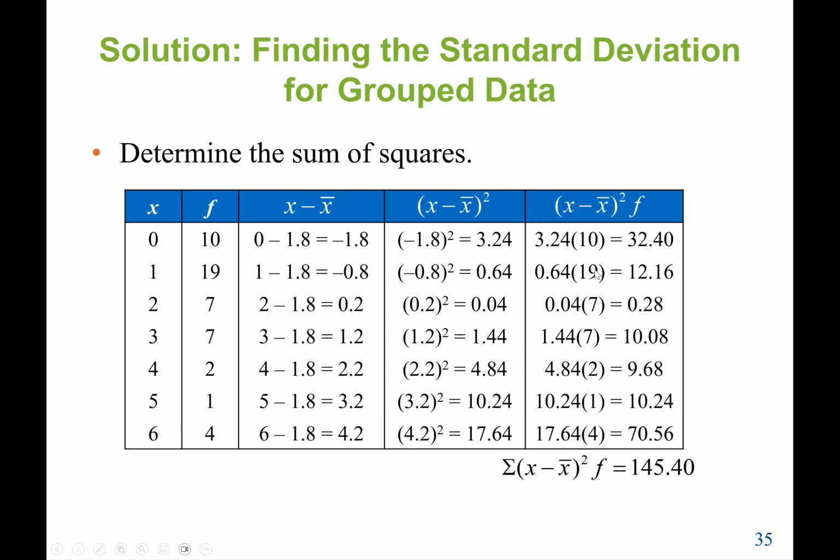When x is 1, we have 19, then 7, 7, 2, 9. So we multiply by each deviation value. That's the formula here. Multiply the frequency by each squared deviation. So here we square the deviation before we multiply by the frequency of that category. And that gave us 145.40.